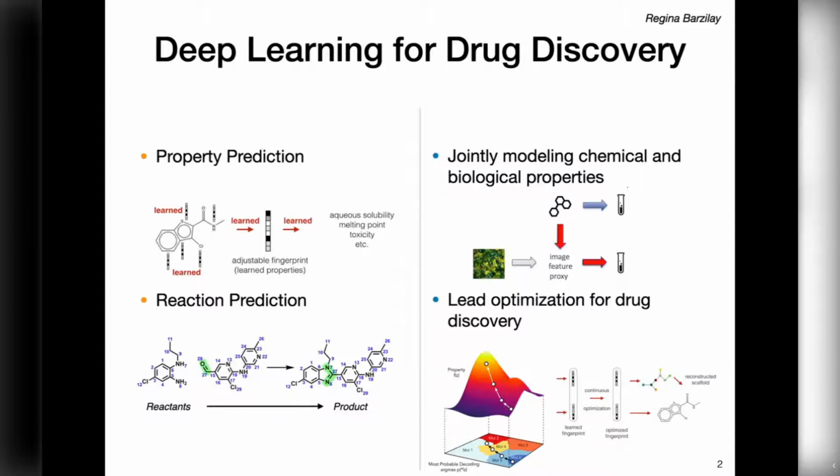There is an area which is really in the intersection of my research and Caroline's research, and we have a joint paper in this space of how do you jointly model the chemical perturbation and biological properties. This is an area that is still developing, but I would expect there will be a lot of interesting advancements in the next few years. And the final area, but definitely maybe one of the most important ones, is how do you de novo generate the drugs?